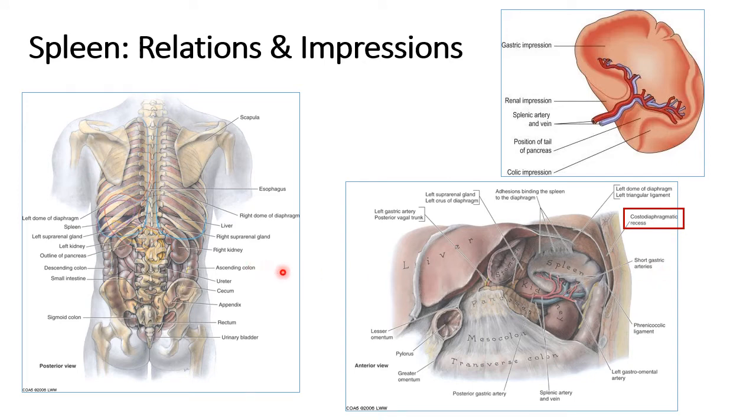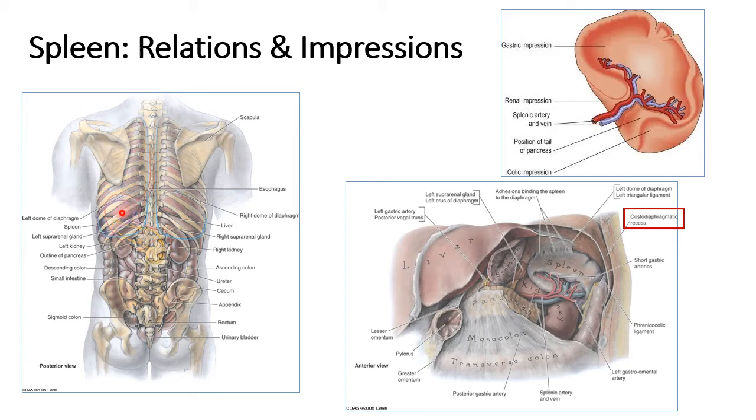Relations of the spleen and the impressions of those relations. This is a posterior view, and as you can see, this is the spleen, the purple line. As I described in the previous slides, it's related to the left 9th, 10th, and 11th ribs, and the long axis of the spleen corresponds with the 10th rib.